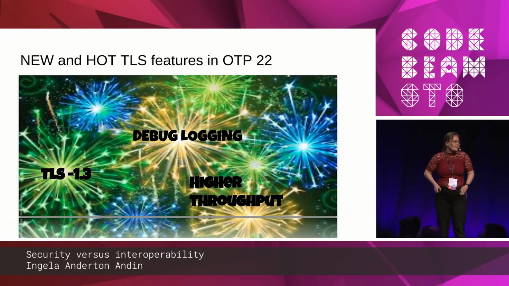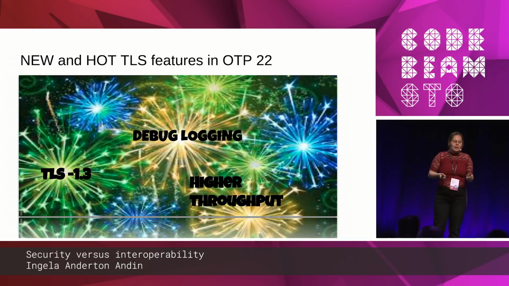And also, I'd like to say a few words about what is new and hot in OTP 22, our TLS implementation. So we have a TLS 1.3 experimental server that is runnable.